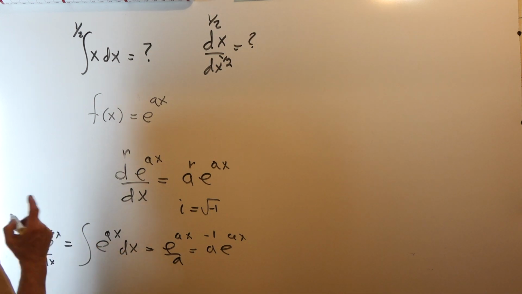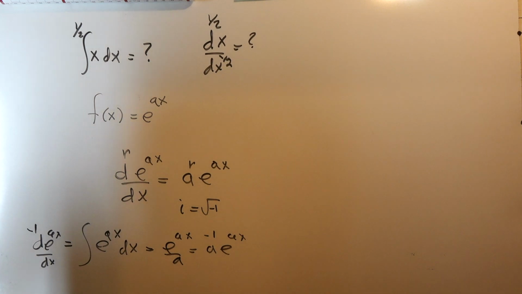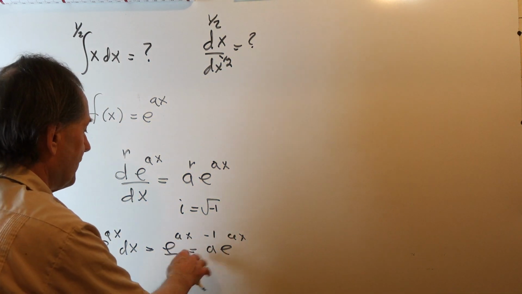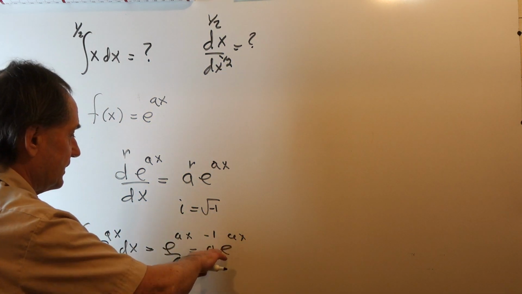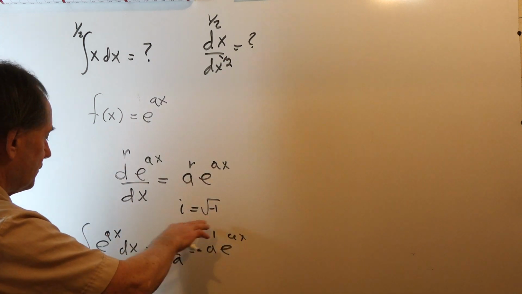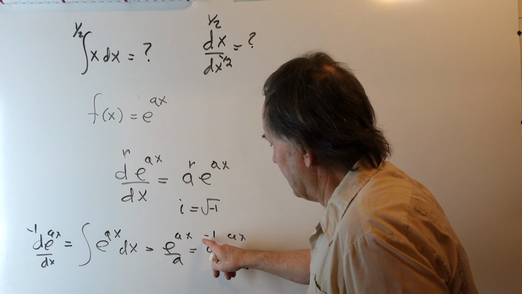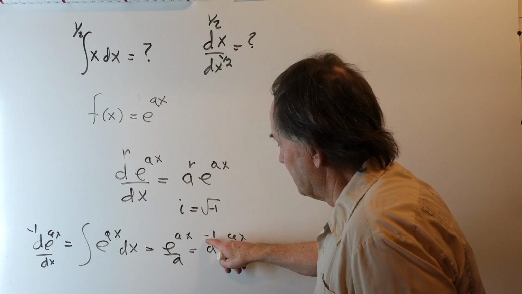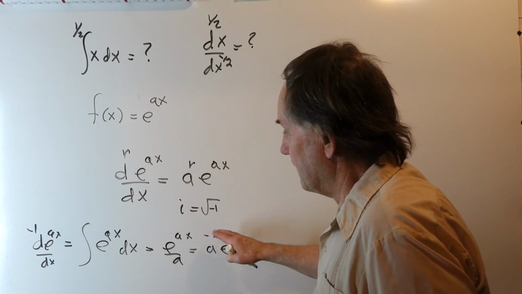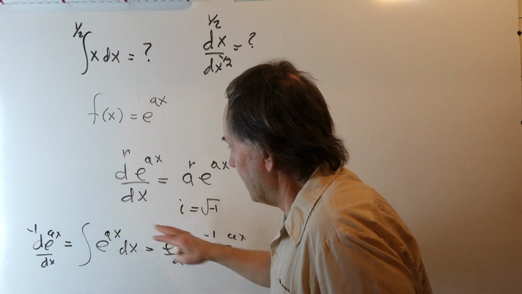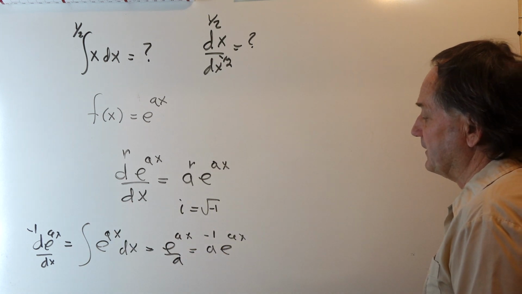We can call an integral the -1 derivative. And if we do that, then in integration we can do the same thing. We can have fractional integrals by just raising a to a negative order of the integration that we're trying to perform.